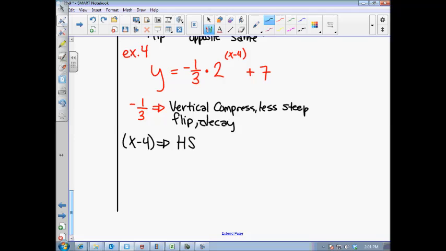It says minus 4, so you think opposite. Right? How many? 4. And lastly, the plus 7. Who wants this one? Alex? Great. Up 7, because we say opposite, same. Opposite in the parentheses, same outside function.